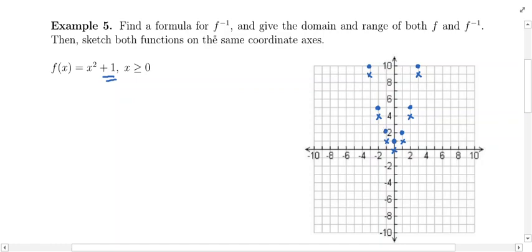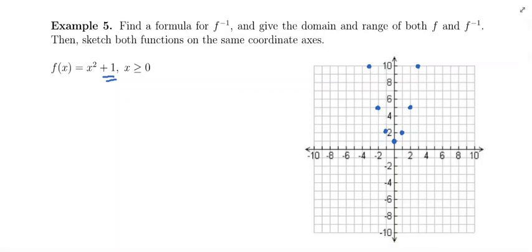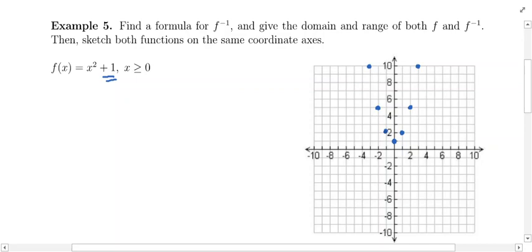I'm going to go back in here and erase these little x's because we don't need them anymore. So here is our original function f. Again, it's the parent function x squared, just lifted up 1 unit. Let me go ahead and draw this in. All right, so here is the original function.